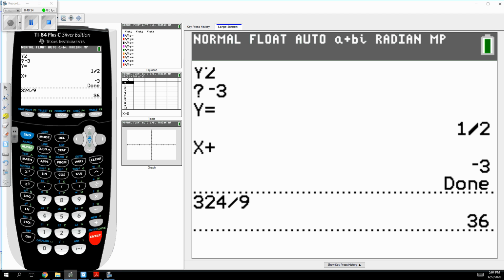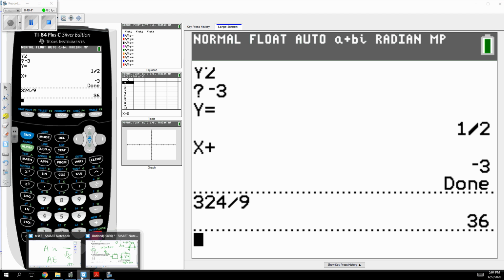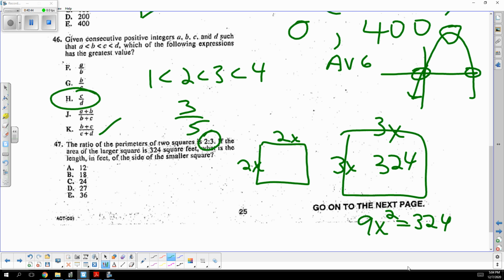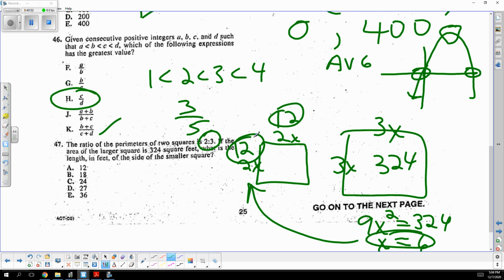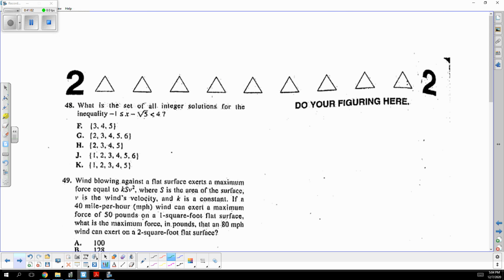I'm sorry, that's x squared. So x squared is 36. That makes x 6. So this here is 12 and 12. 12 times 12 is the smaller one, and that's all they're doing, looking for the smaller side.